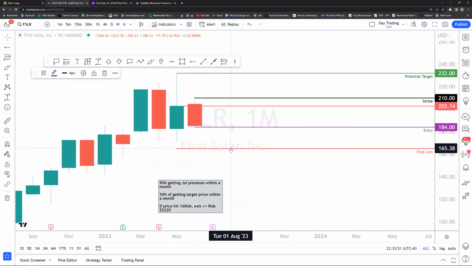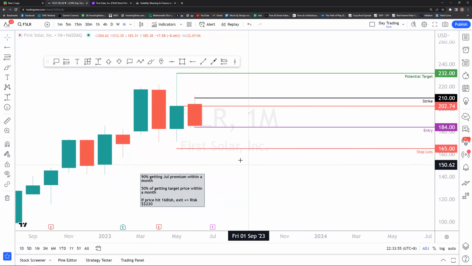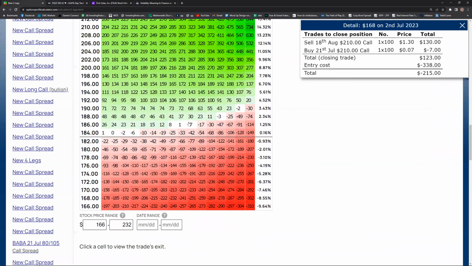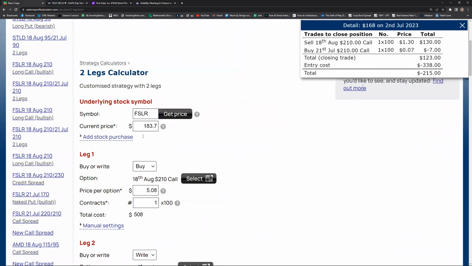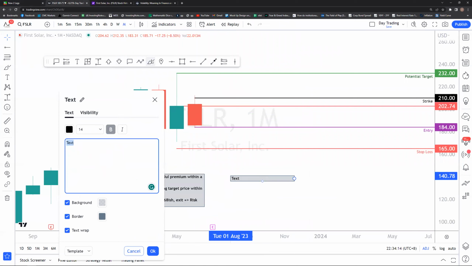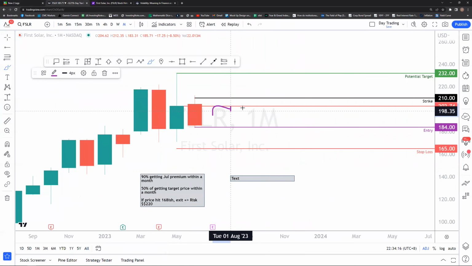When you get the premium on the June side call, what's going to happen is that your overall buy price will get reduced by 1.70. Meaning to say that if the price is below 210 by July, you will get the June side call, and then after that it continues to rally towards the target.